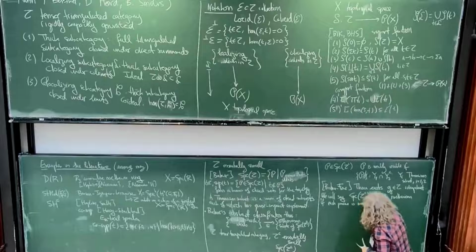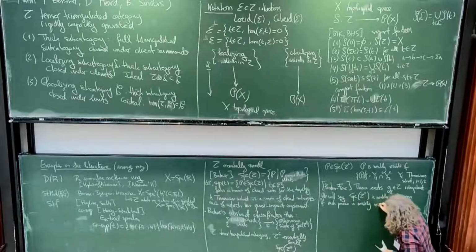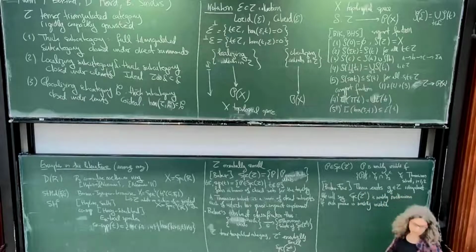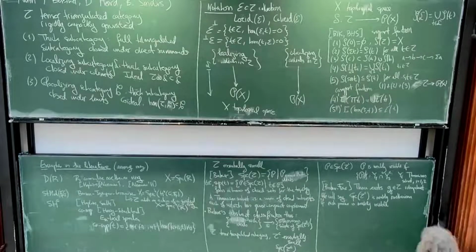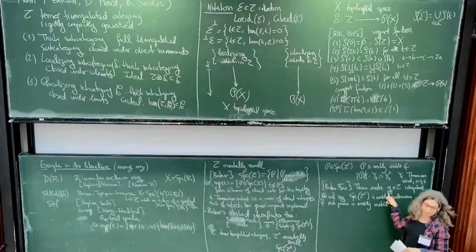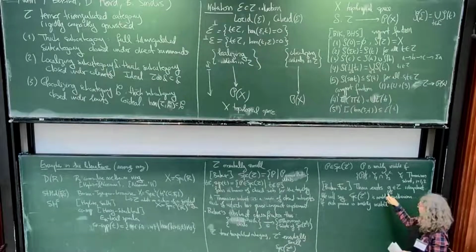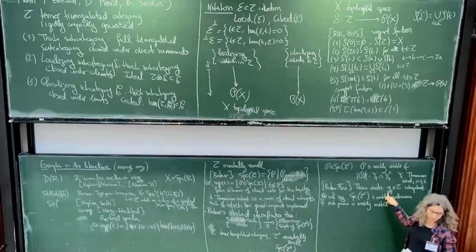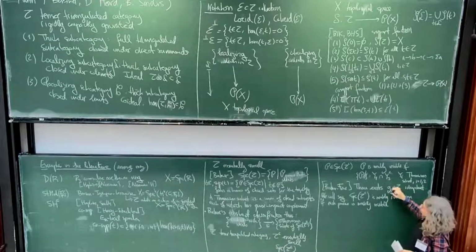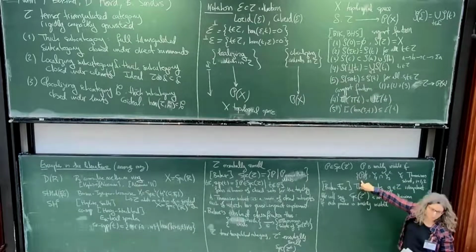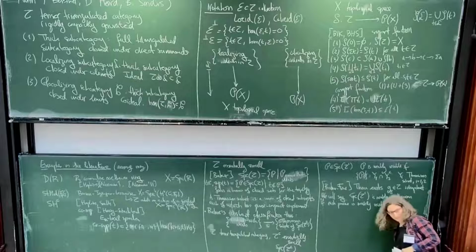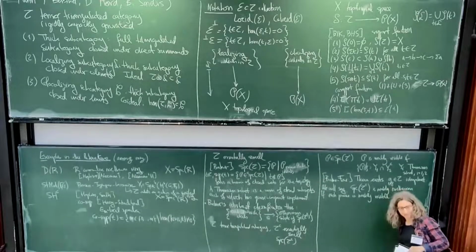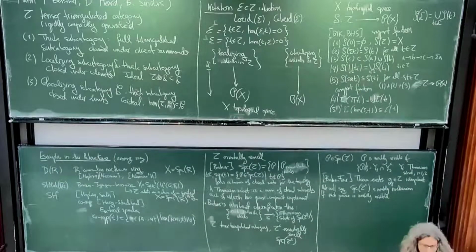So what was the property that this idempotent has? Exactly, we will construct a support function using these idempotents, and the support of this idempotent will be this single prime. It detects that the support will be just a single prime.